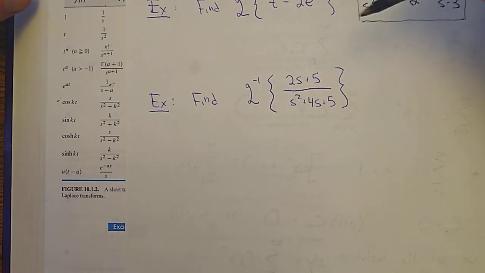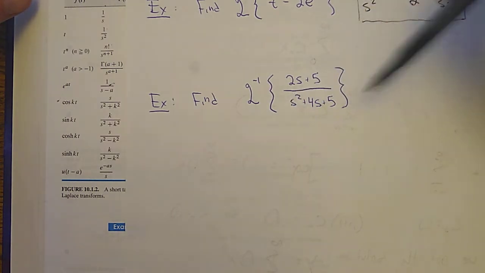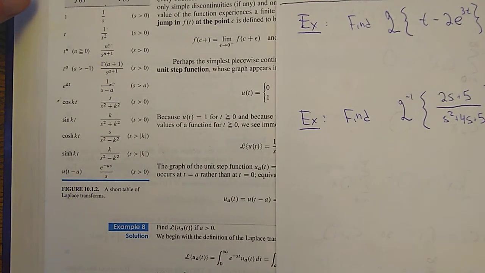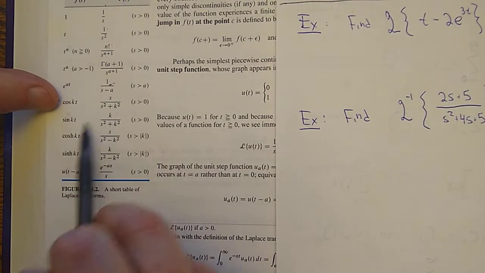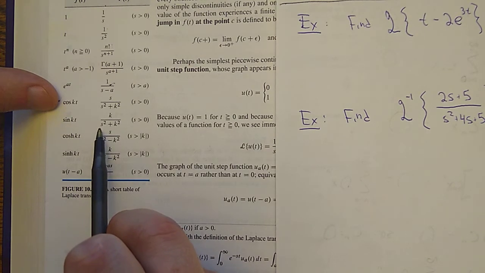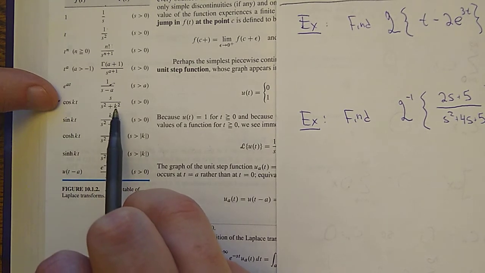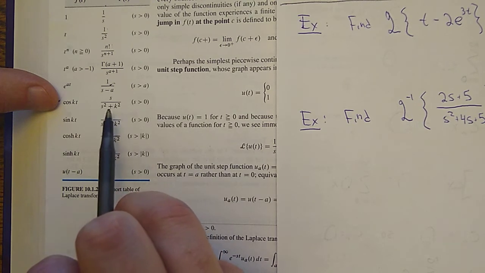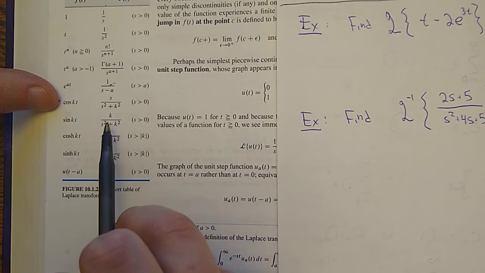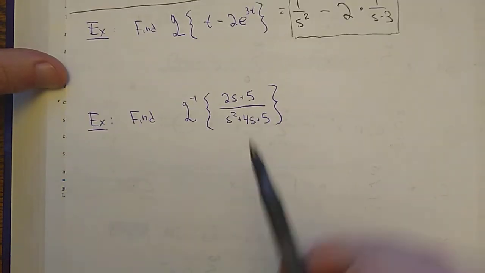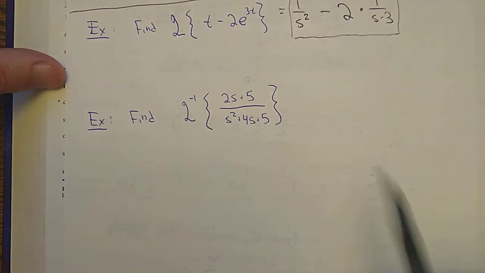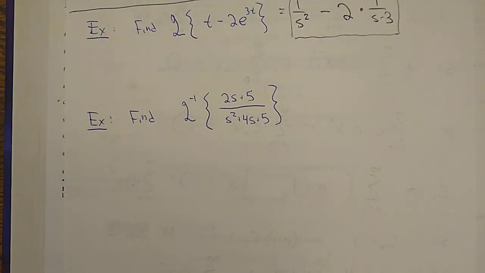Roughly speaking, I see a quadratic in the denominator, so I'm looking at these sines and cosines, but for these sines and cosines, there's no s term in the bottom. There's an s squared term and a constant term, but no s term in the bottom. I have an s term in the bottom. Typically, what this means is that there's going to be some possibly partial fractions and or completing the square.